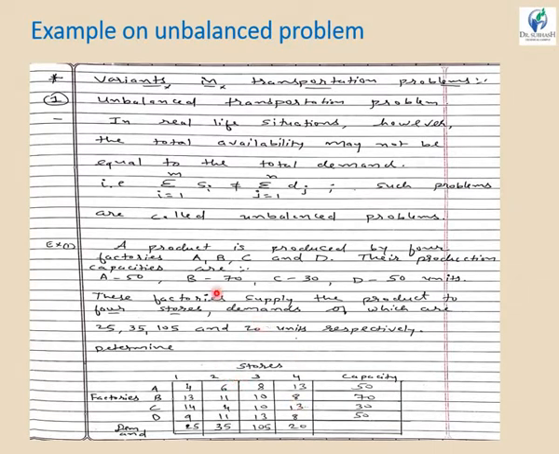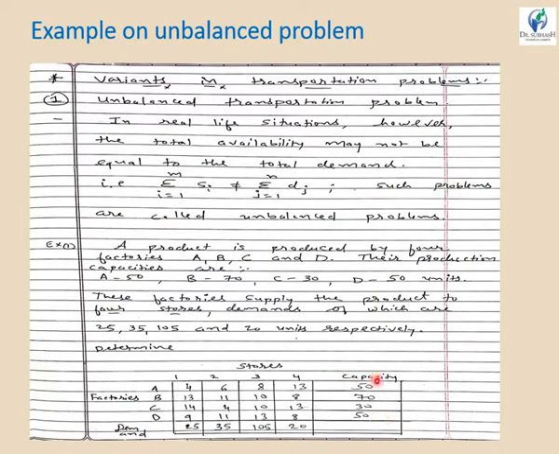Because here the data is given in this form, I am converting that into the table form, so you can find the demand of each store at the end of the column. For the first column it is 25, third and fourth are over here. Similarly factory capacities are at the end of each row. For A it is 50, B it is 70, for C it is 30, and for D it is 50.